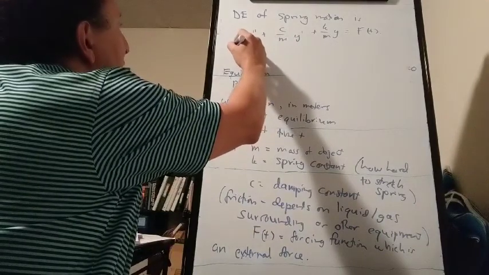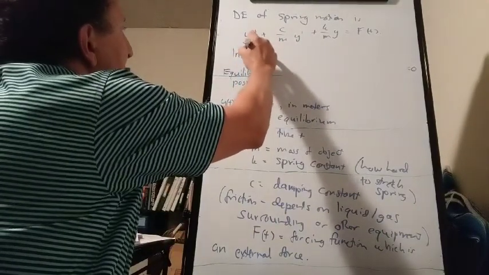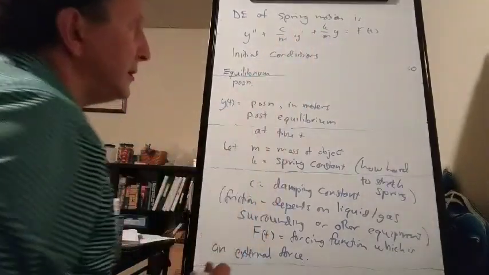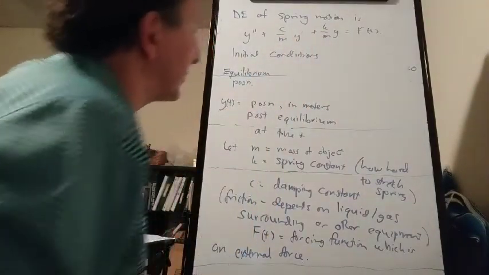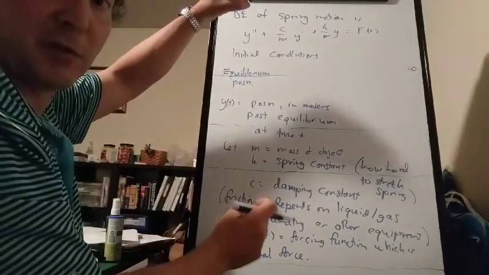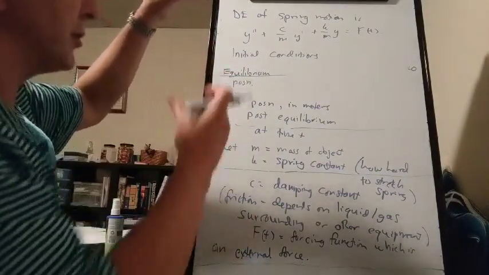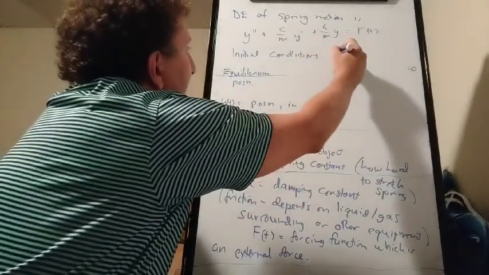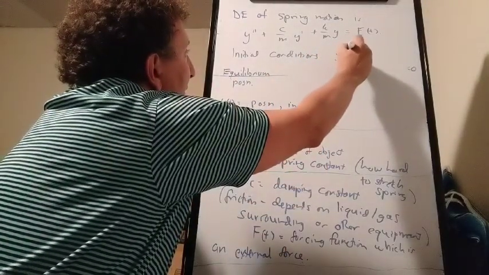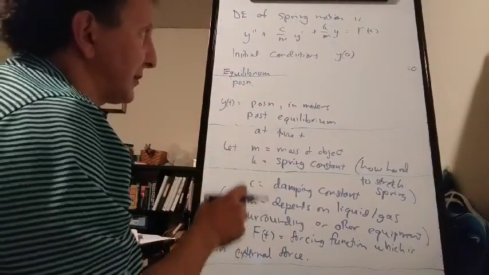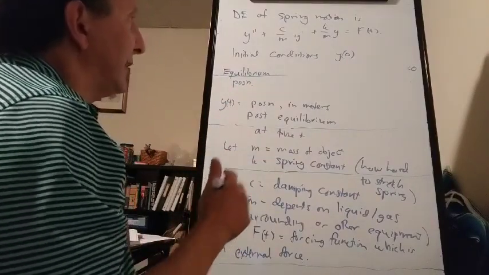And sometimes we have initial conditions. Usually the experiment we're measuring is we take the spring, we stretch it, and then let it go. Maybe stretch it and let it go with a push. So y of 0 is going to be the position of the object, how far we stretched it at time 0.